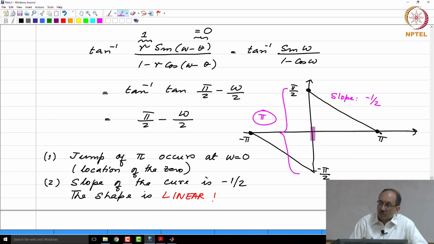And if the 0 location changes, 0 has to be on the unit circle for this shape to be present, and depending upon the angle, the curve will shift either to the left or to the right. So, any 0 on the unit circle will give rise to such a sawtooth waveform, and depending on the location of the 0, the jump will be happening at that particular location.